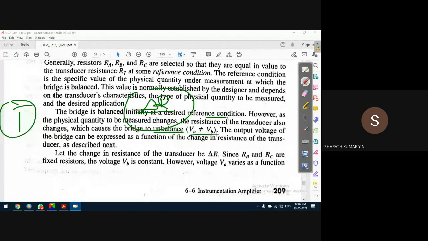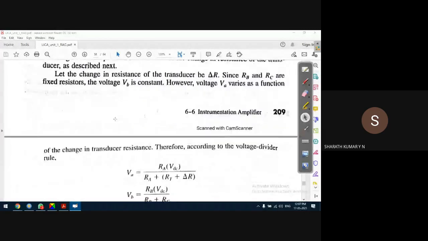Then VA is not equal to VB. This change in voltage between VA and VB is measured by the instrumentation amplifier, so the output voltage of the bridge can be expressed as a function of the change in resistance of the transducer.